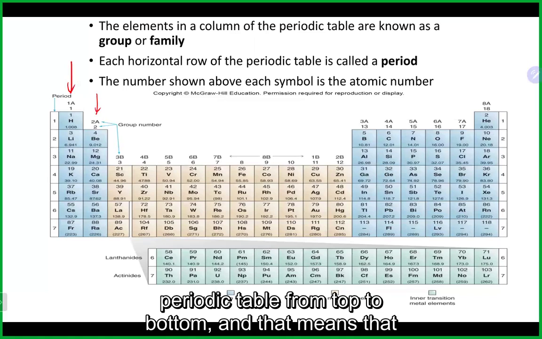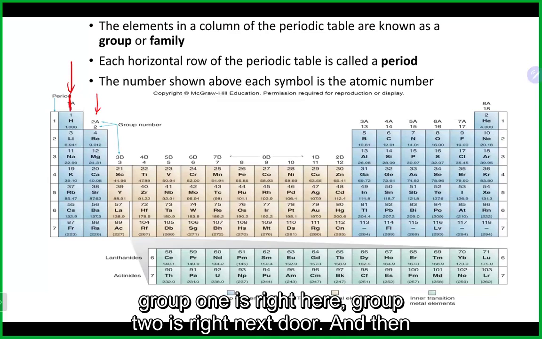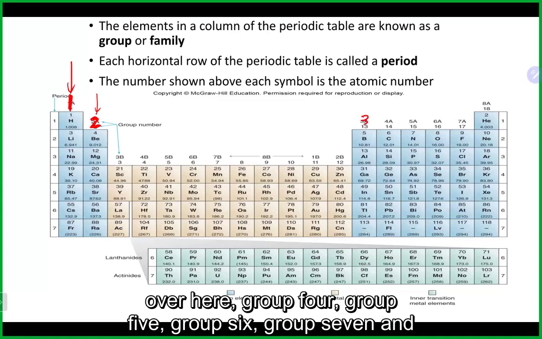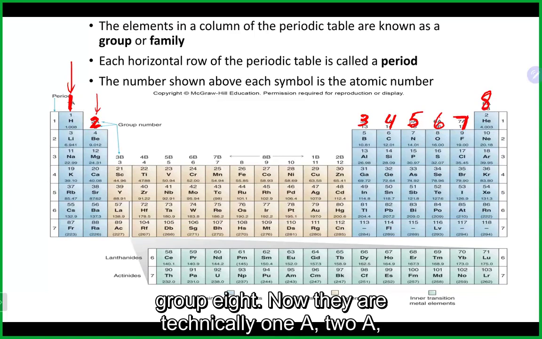And that means that group 1 is right here. Group 2 is right next door. And then we actually skip the middle part. And group 3 picks up over here. Group 4, group 5, group 6, group 7, and group 8.